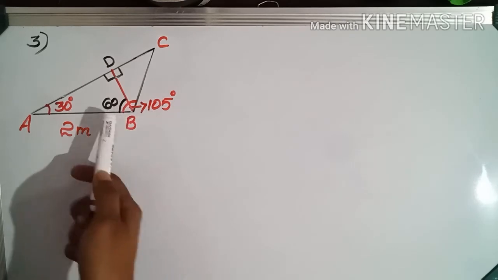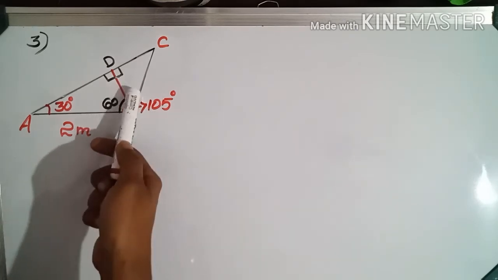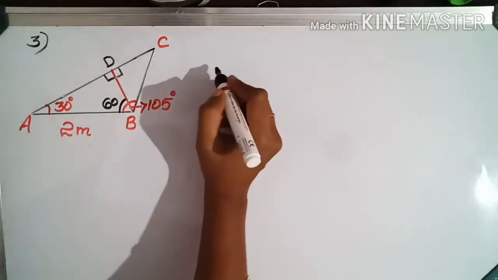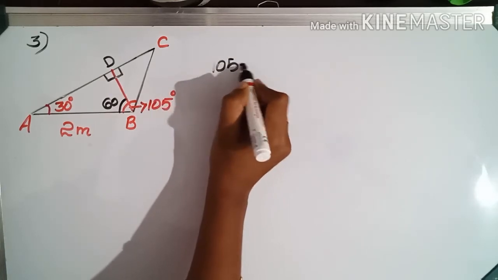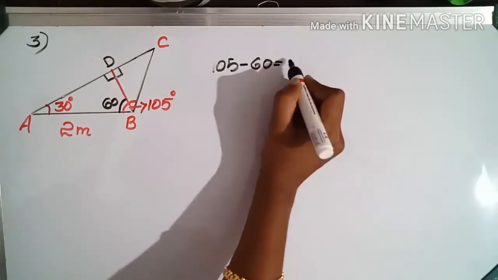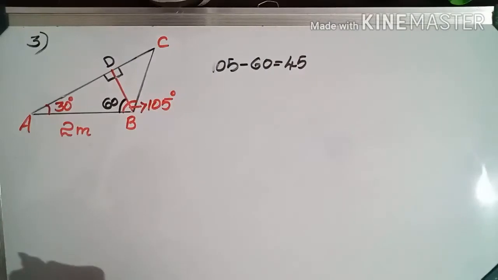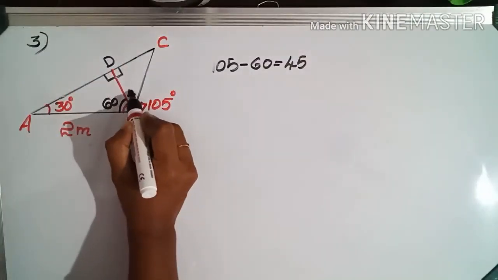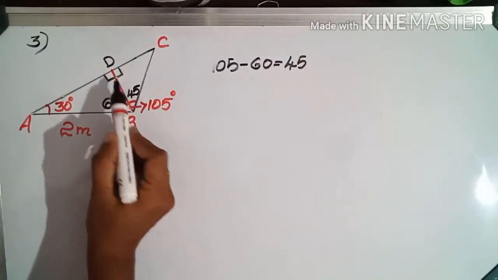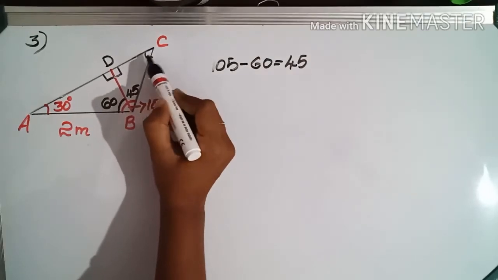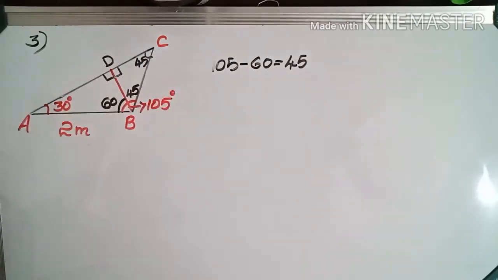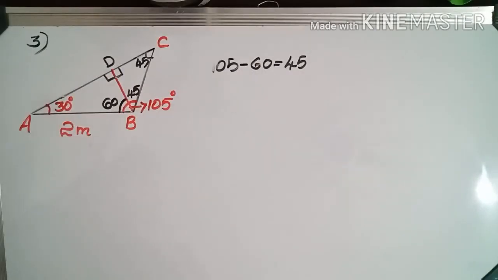From 105, one portion is 60 degree, so the next portion will be 105 minus 60, that is 45 degree. So 45, 90, and the next will also be 45. So we got two right triangles: the first as 30, 60, 90, and the second as 45, 45, 90.